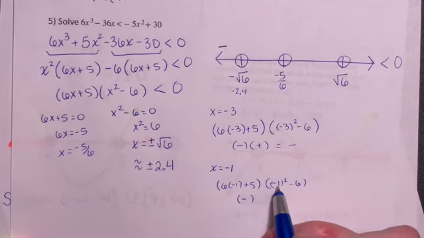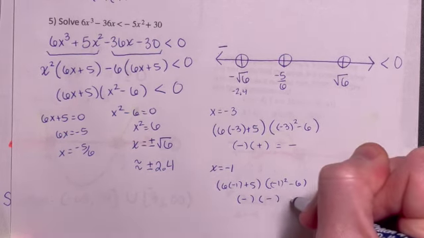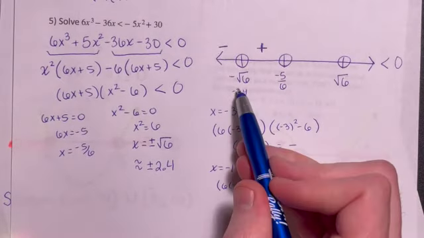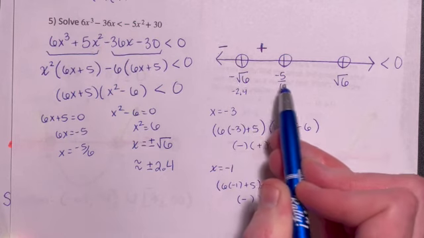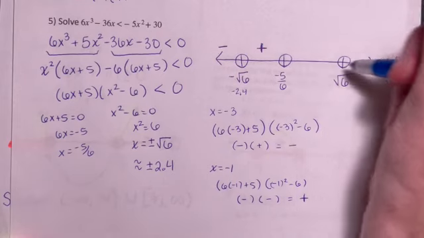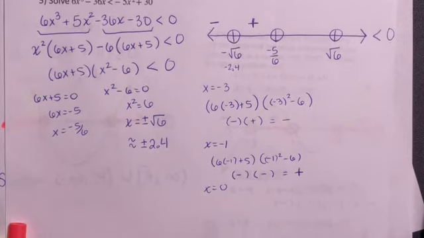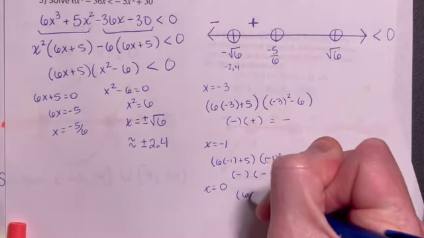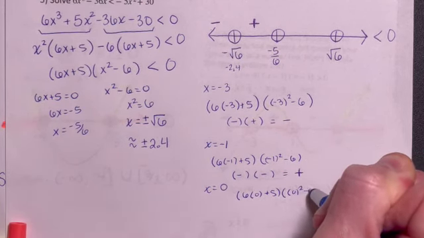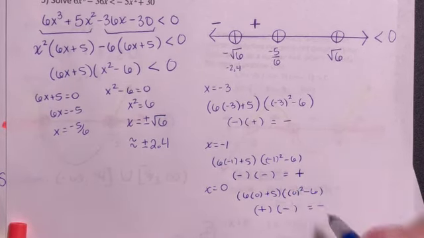Negative 1 squared is positive 1, and positive 1 minus 6 is still negative. So I get a positive result in between negative square root of 6 and negative 5/6. We try something between negative 5/6 and the square root of 6. So x equals 0, that might be the easiest one. 6 times 0 plus 5, and 0 squared minus 6 gives you a positive number times a negative number, so that is negative.